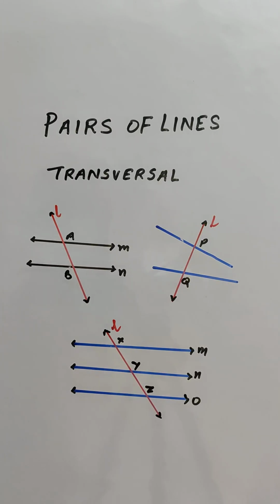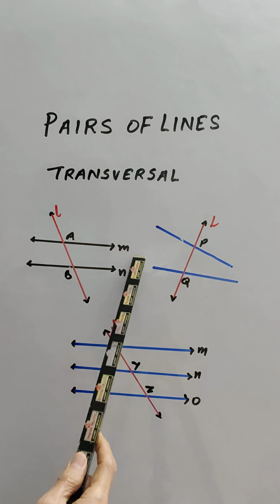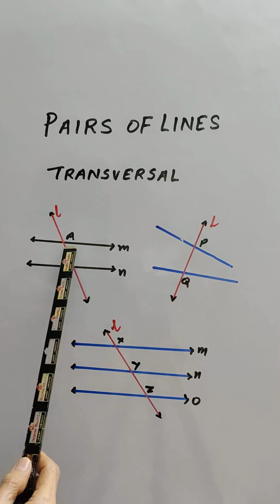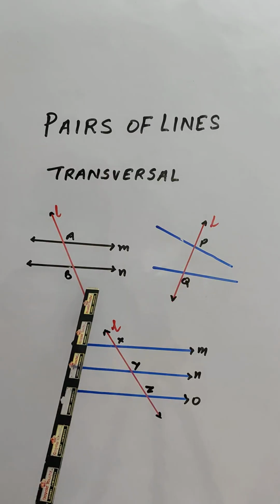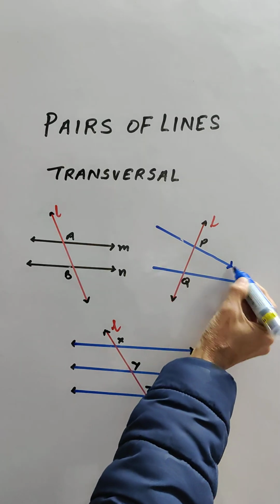In the first diagram, L is the transversal for two lines M and N. L is intersecting M and N at two points A and B. And in this diagram also there are two lines marked with blue color.